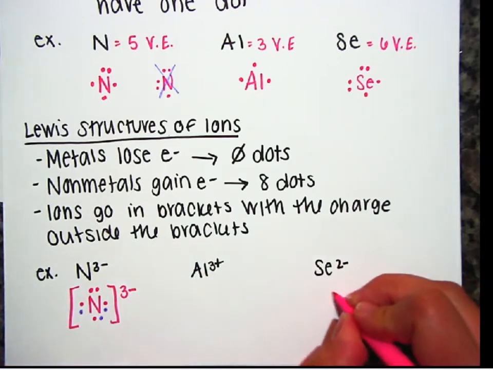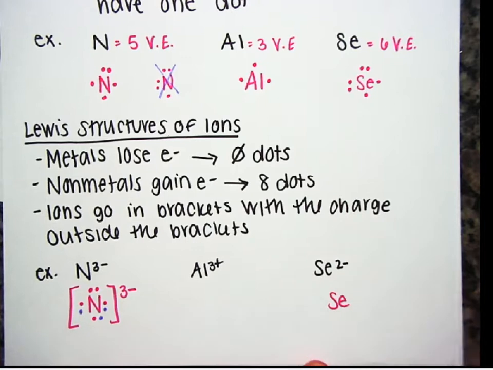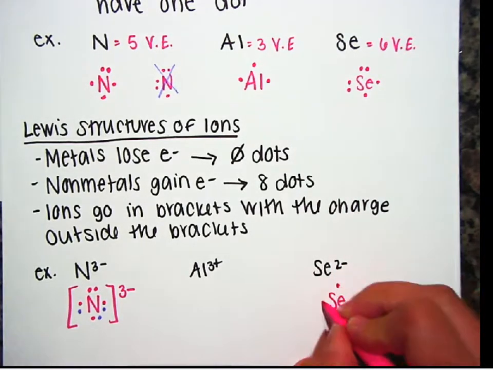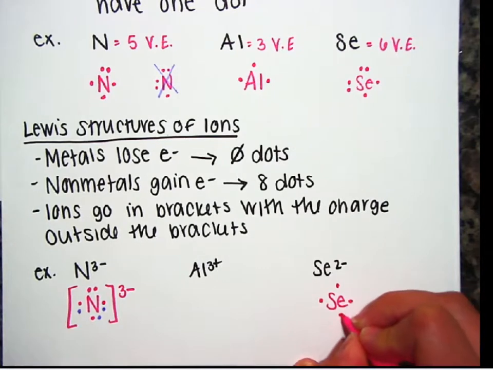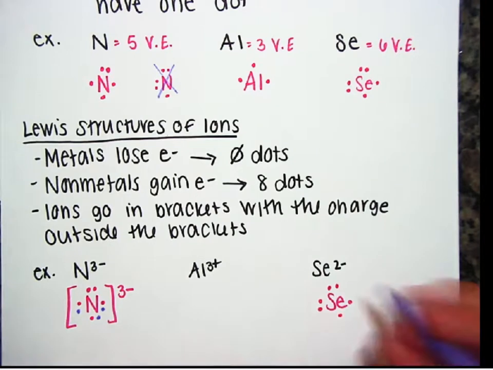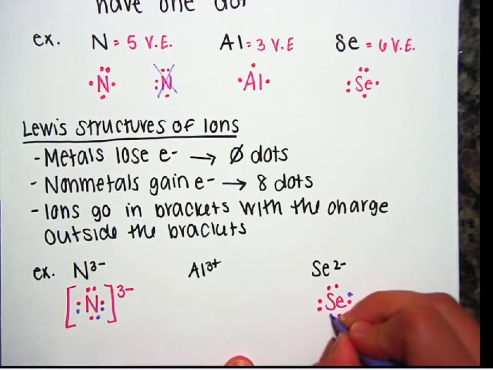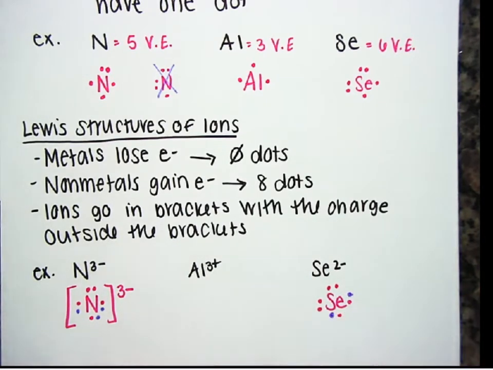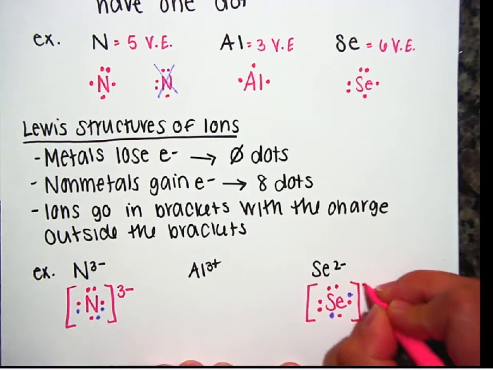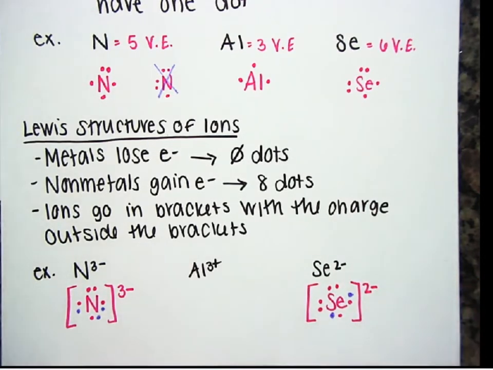Let's do selenium next. We said selenium is in group 6. It has 6 valence electrons. It wants to follow the octet rule, so it's going to gain 1, 2 electrons. If it gains 2 electrons and electrons are negative, its charge is 2 minus.